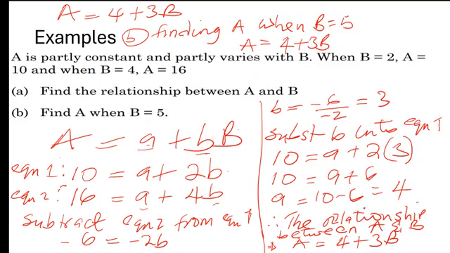That's what they want us to find. If we do that, you'll find out that A will be equal to 4 plus 3 times 5, that's 15. So 4 plus 15 will be 19. As simple as that. Okay, so that's how we approach these problems.